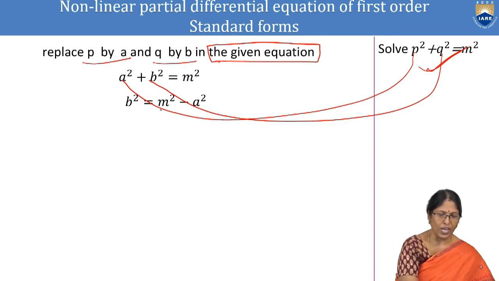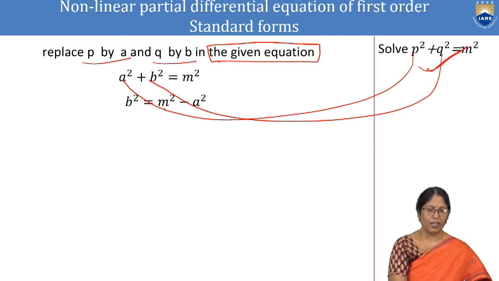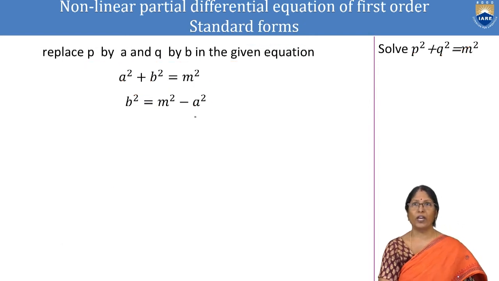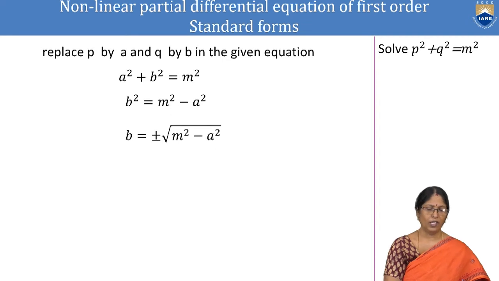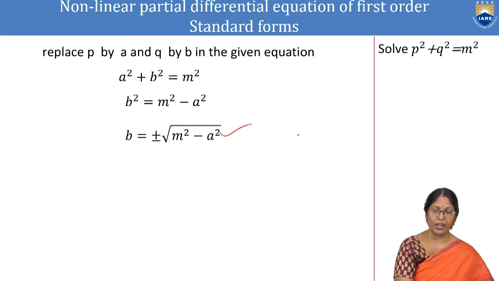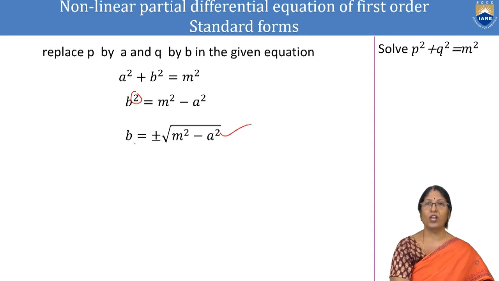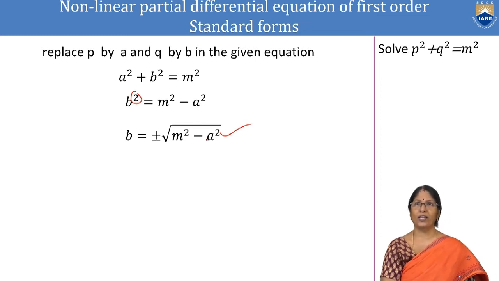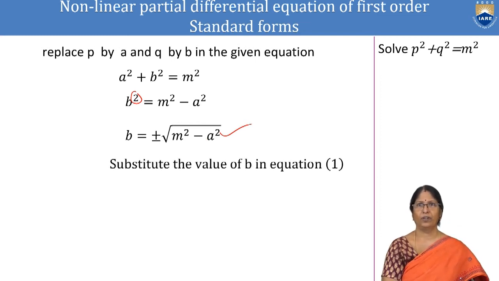So b square equal to, we push this a square to the other side, it becomes m square minus a square. B equal to plus or minus, since the square is there, if you want only b, it is nothing but plus or minus square root of m square minus a square.